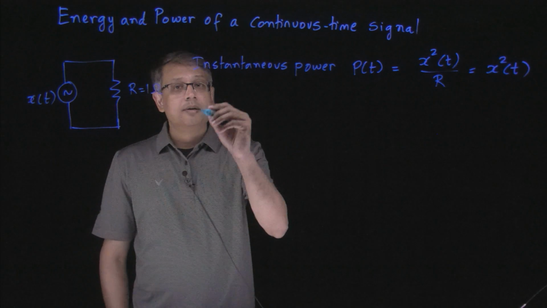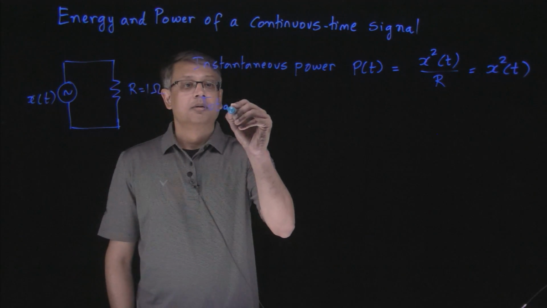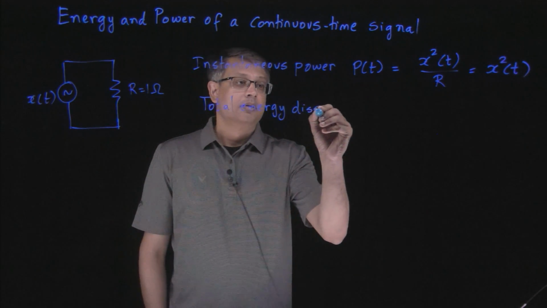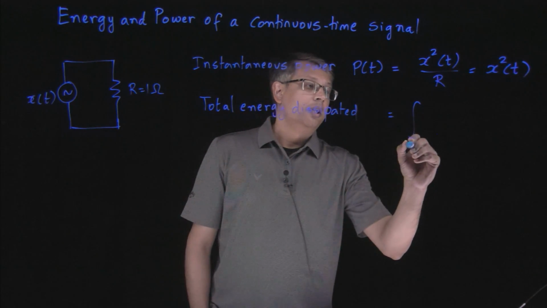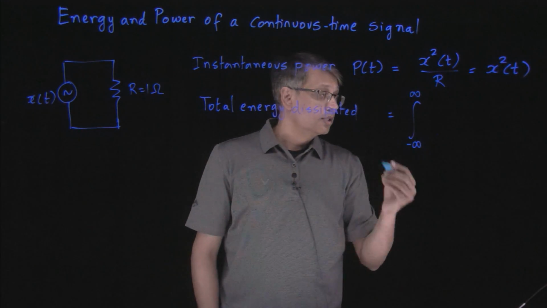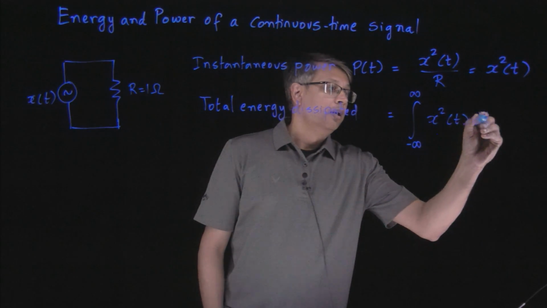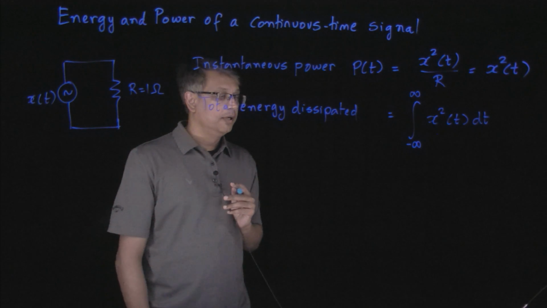So the total energy that's dissipated in the resistor is given by the integral of the instantaneous power. So that's the integral of x squared of t dt integrated from negative infinity to positive infinity.